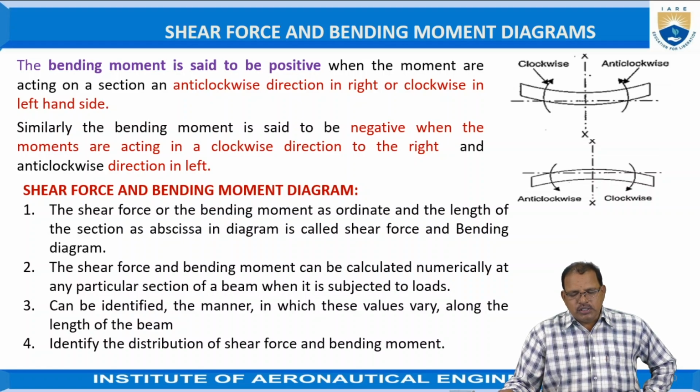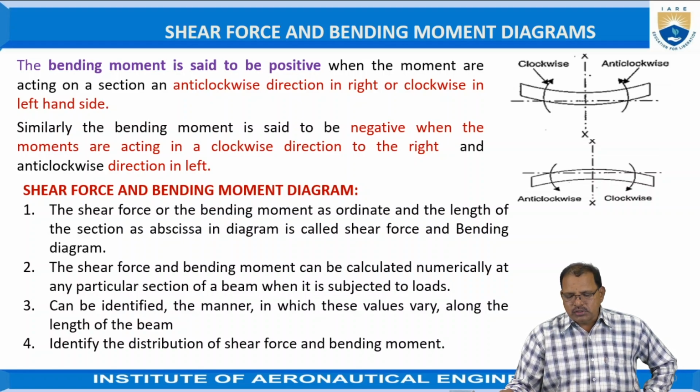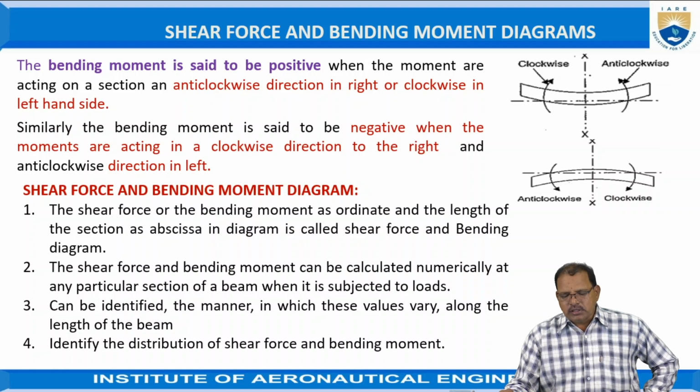So when we are drawing the bending moment diagram as well as the shear force diagram, the bending moment and the shear force are represented on the ordinate, and the length of the beam as the abscissa, as shown in the figure now.